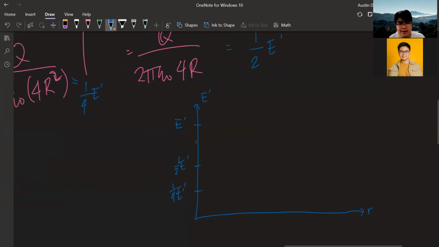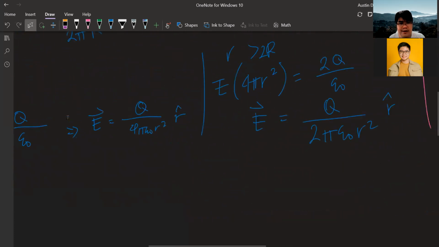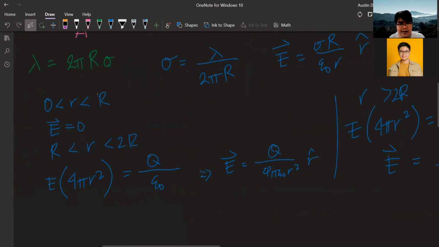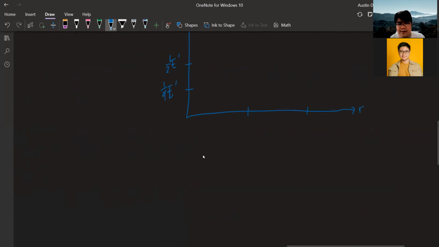Okay. Now I have the boundaries are 0, capital R, then capital 2R. So I could have this one, R, 2R.